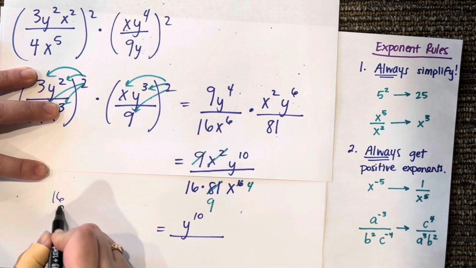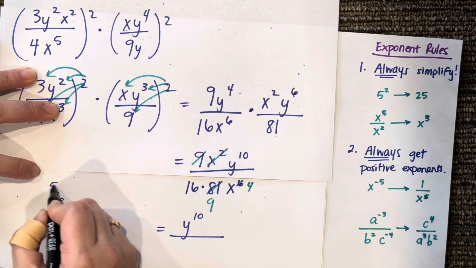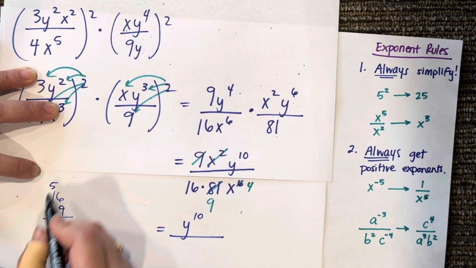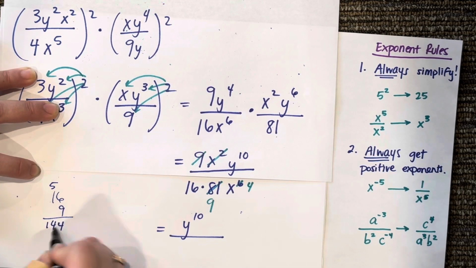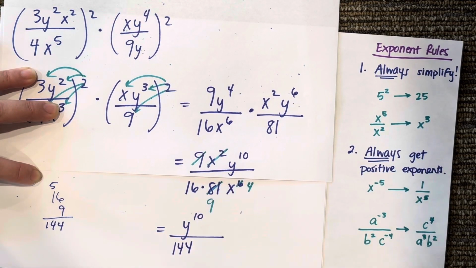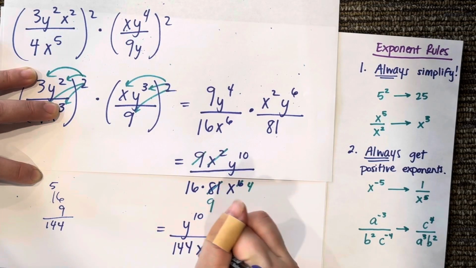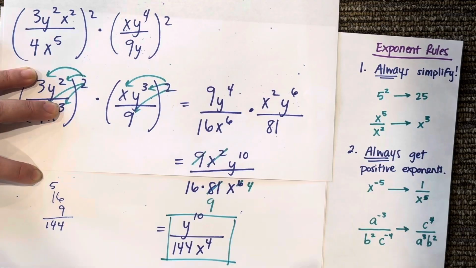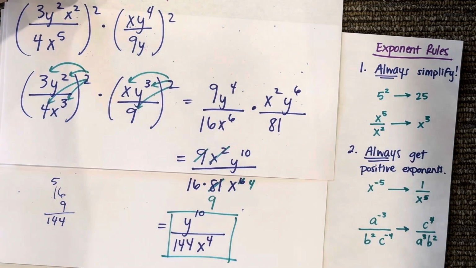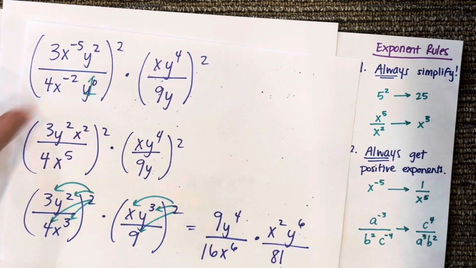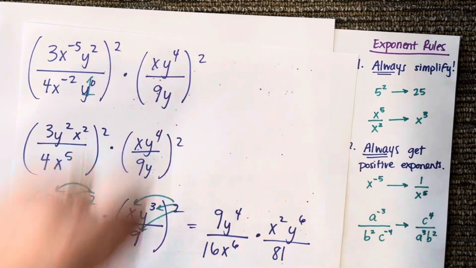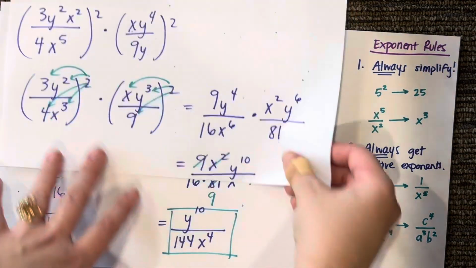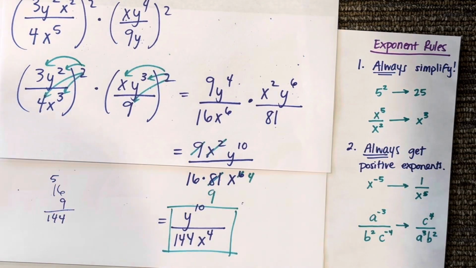What is 16 times 9? 9 times 6 is 54, 9 times 1 is 9. Okay, so 144 x to the 4th. And that's your final answer to that horrible multi-part equation. Okay, if you can do this, you can do anything. Okay, it's long enough.